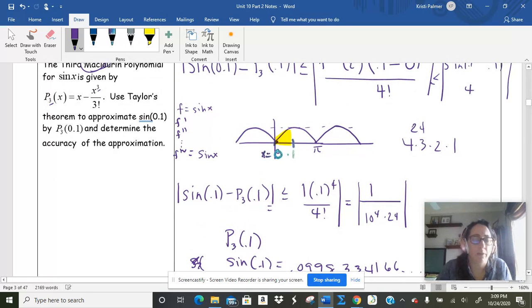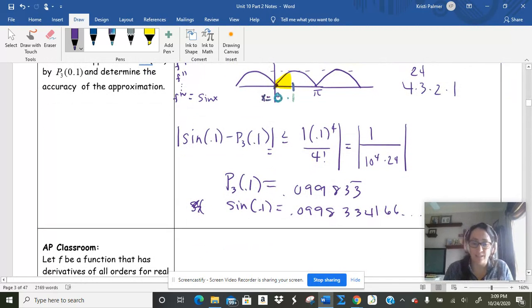Okay, so we're going to plug in 0.1 minus 0.1 to the third divided by 3 factorial. And I got it to be 0.099833 repeating.